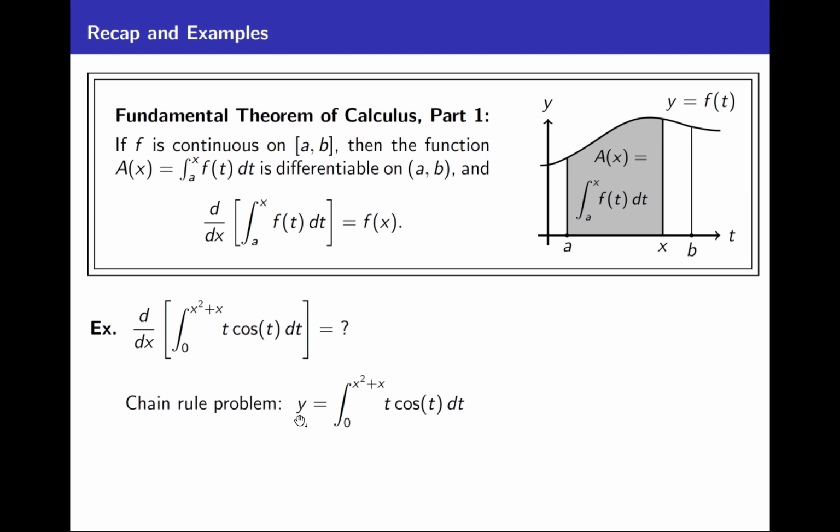You want to find the derivative of the function y equals integral from 0 to x squared plus x, t cosine t dt. You could break that into a composition. It's y equals the integral from 0 to u of t cosine t dt, where that upper limit of integration u is the function x squared plus x.